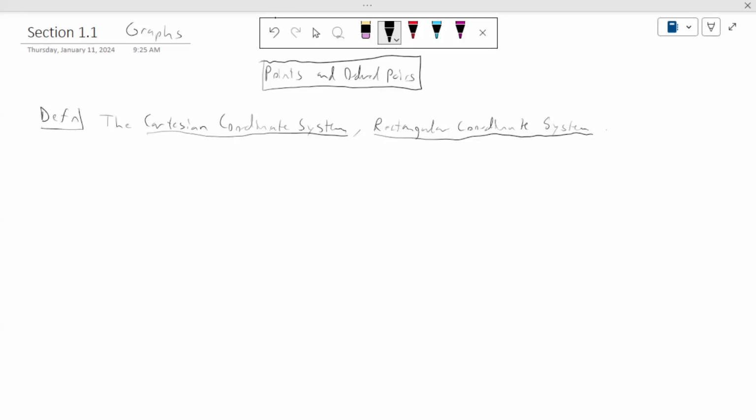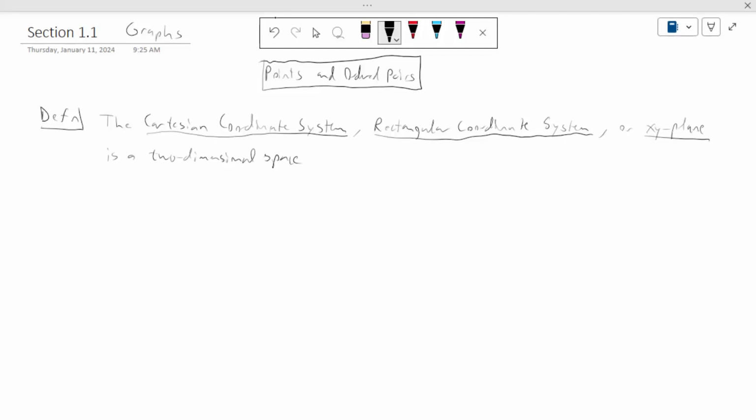But it's more commonly known as the XY plane, right? The XY plane is a two-dimensional space, which just means that, just like a sheet of paper, it's flat. Two-dimensional. Okay.